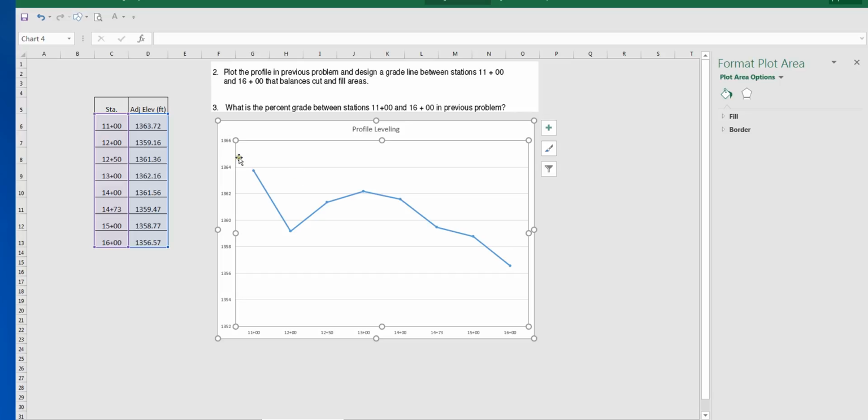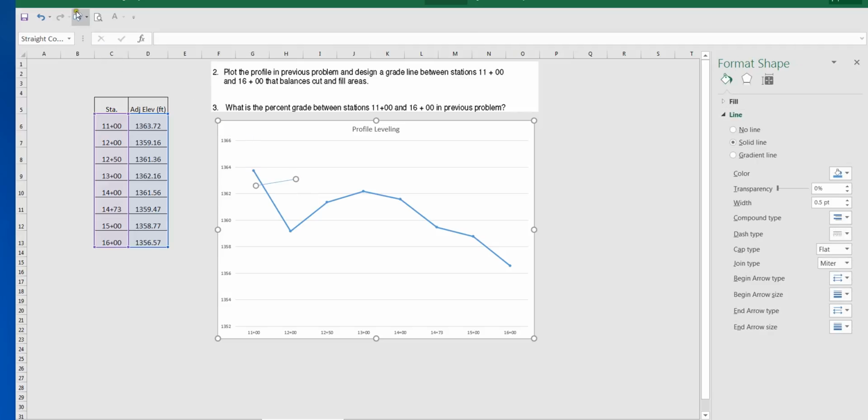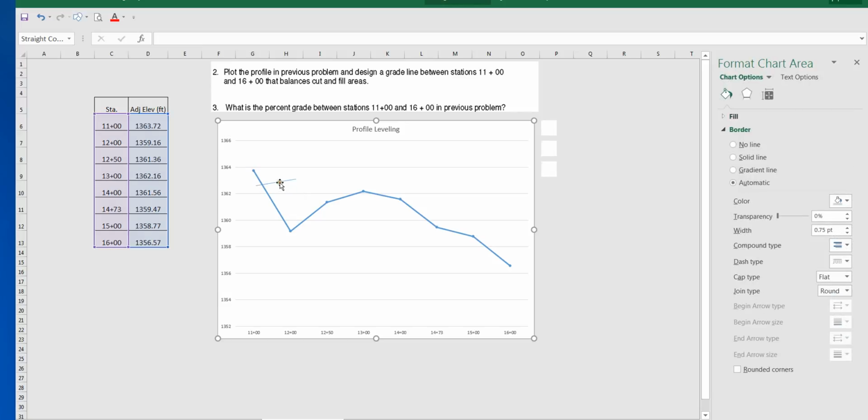Now, the next part of the question says, create a center line that allows you to do the cut and fill balances. Basically what that means is I would have to create some type of line in here. Let me do that differently. I'll have to clean it up in a second.